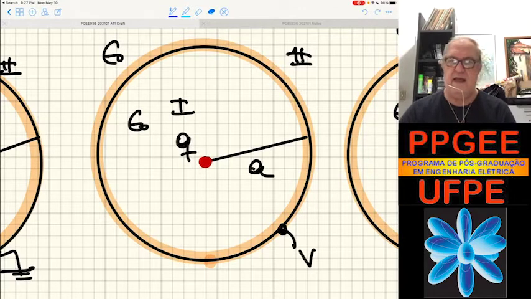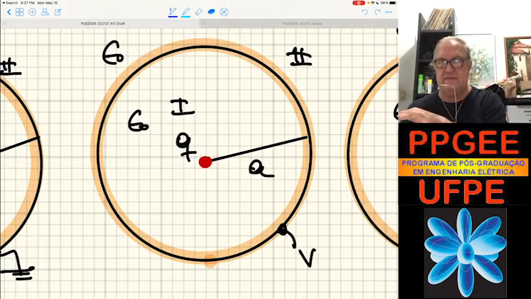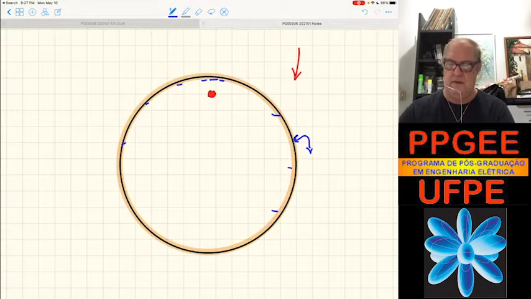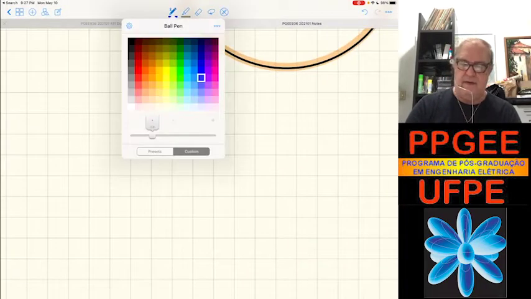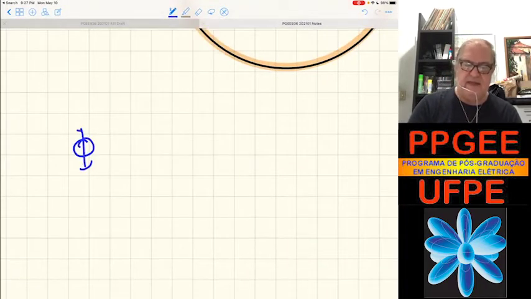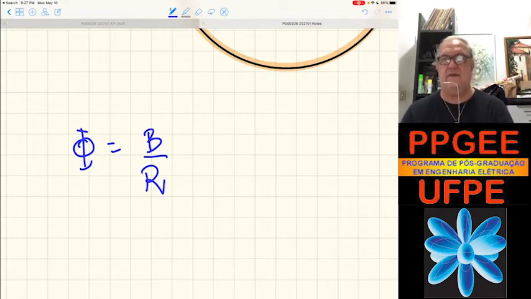So outside is very easy. The potential falls off with 1 over R, right? Potential is something like this, constant over R, right?